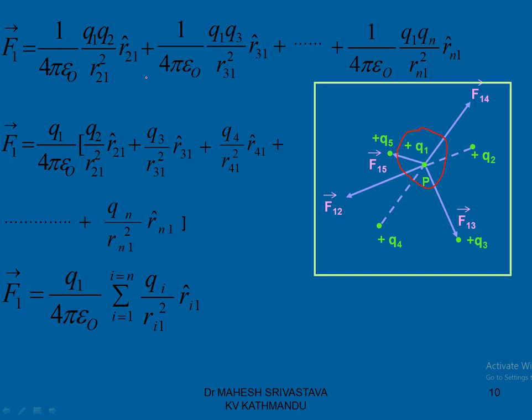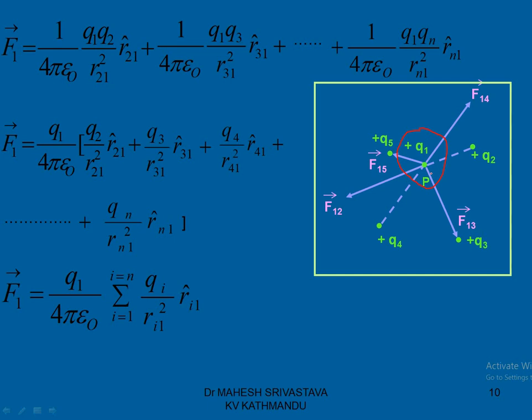Similarly, when Q3 exerts force on Q1, that is 1 upon 4 pi epsilon naught Q1 Q3 upon r31 square r31 cap. So here the direction is represented by r31 cap.